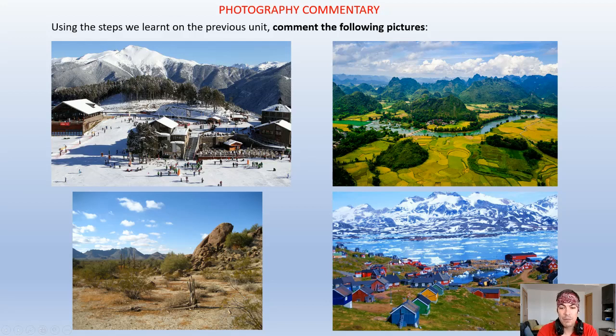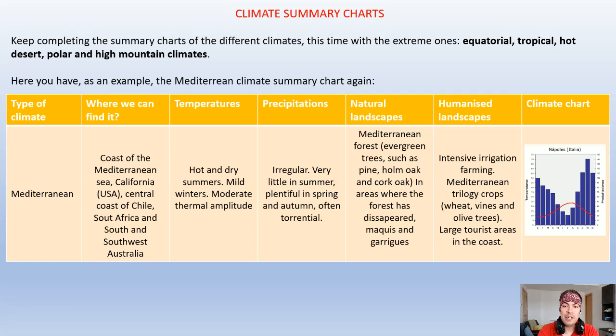Don't forget it. So you have to do this to comment these 4 pictures, and I also want you to complete the rest of the summary charts we are missing, okay, which are the ones with the climates we have studied in this unit. You have to make these summary charts following the example that I gave you in the previous unit with the Mediterranean climate, and you have to do this with these characteristics: the name, the location, temperature, precipitation, landscapes, and the climate chart.